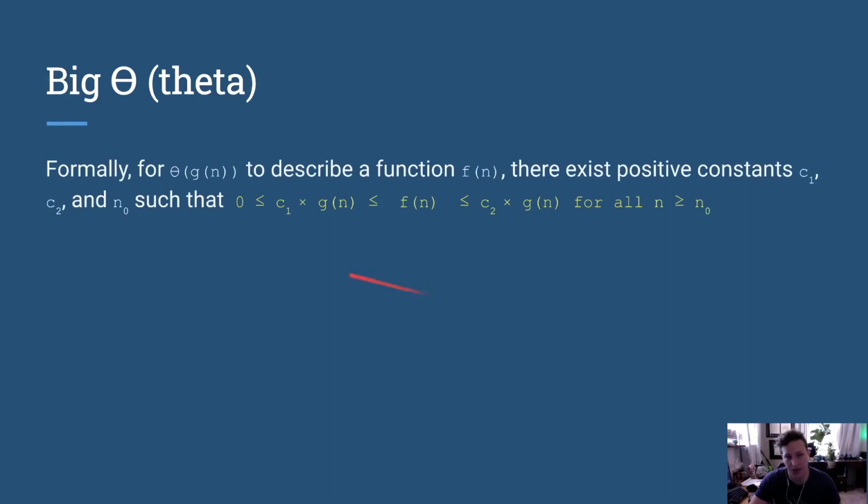All right, so formally, I'm describing big theta here, and again, this is colloquially what people mean when they say big O, and this describes that tight asymptotic bounds, okay?